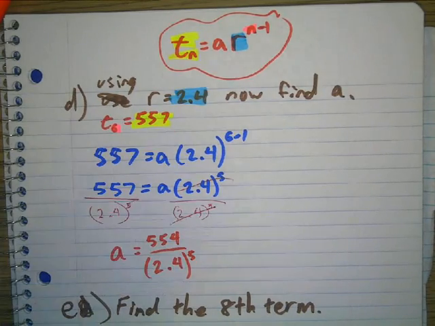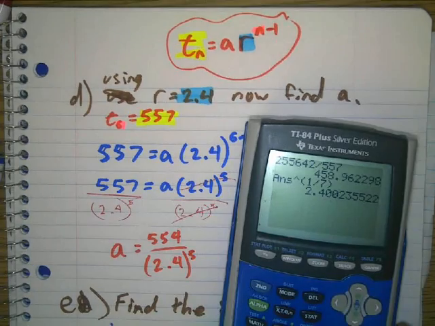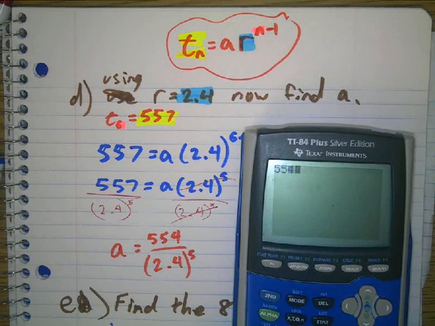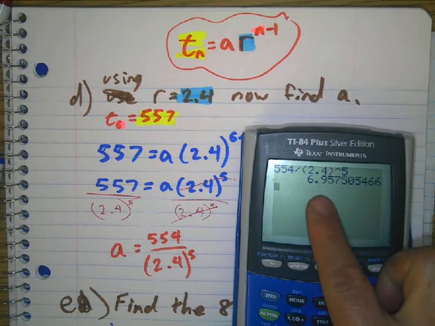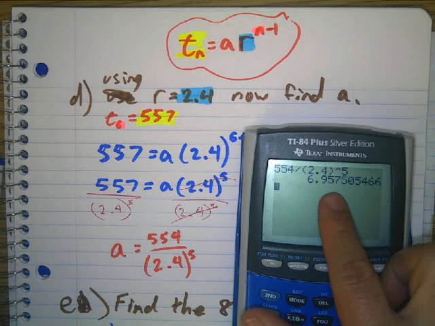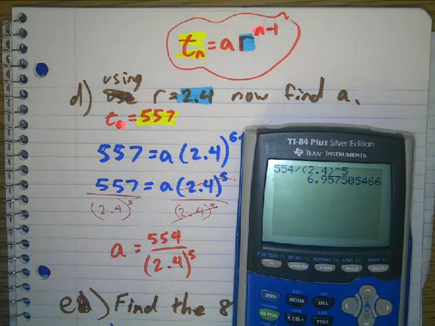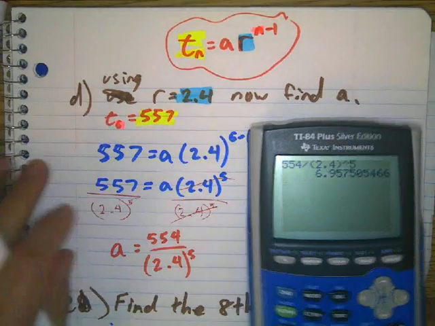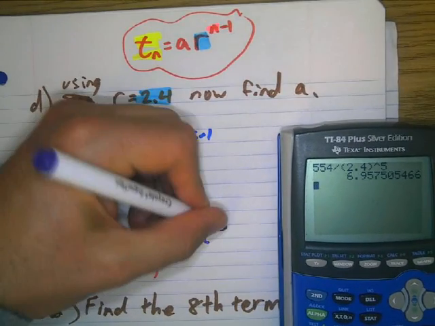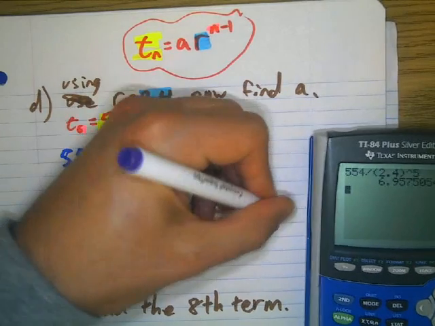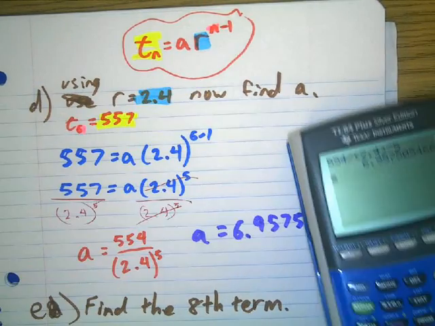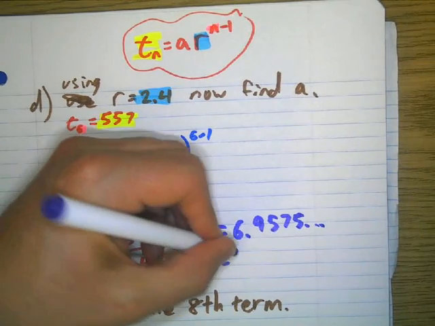So let's put that into the calculator. 557 divided by parentheses 2.4 close parentheses to the 5th power. And then I get 6.957. Once again, the calculator is only so accurate, and we're going to round that to 7. So we get a equals 6.9575... and we're going to just round that to a equals 7.